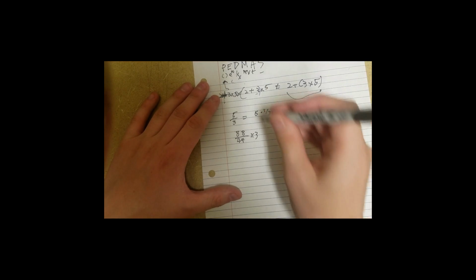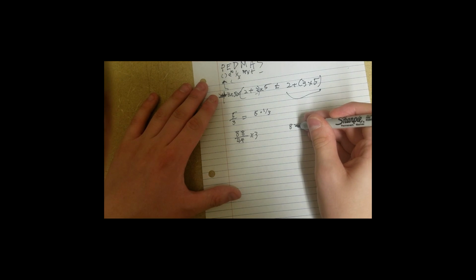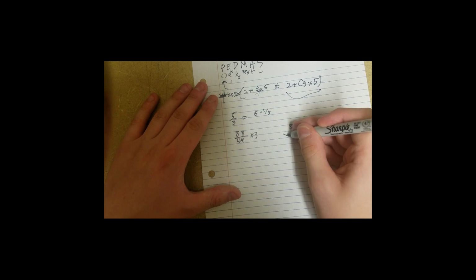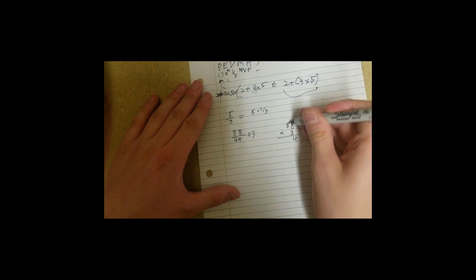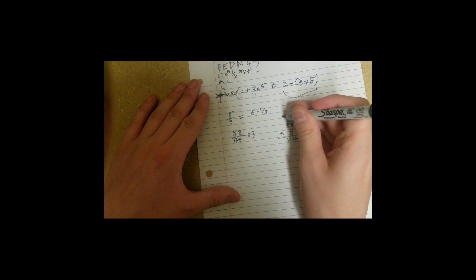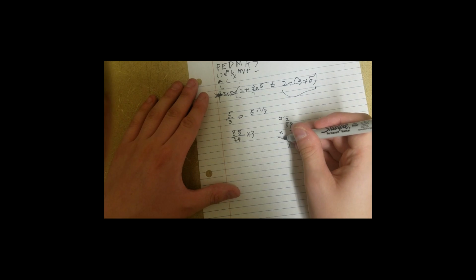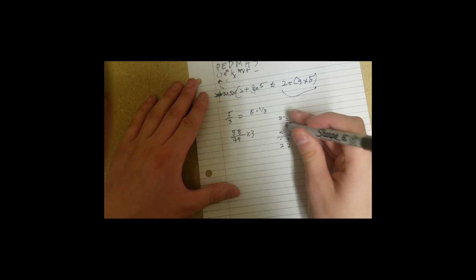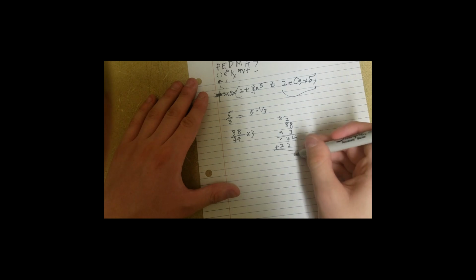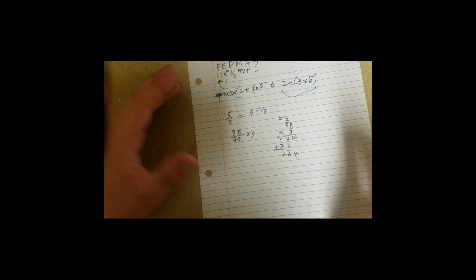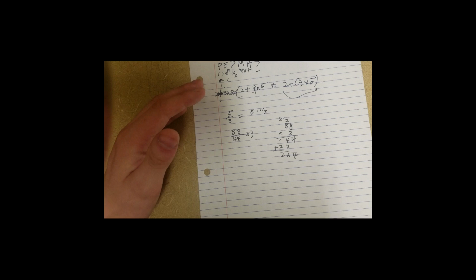If you're doing PEMDAS, the only logical thing you can do is 88 times 3: 4, carry the 2, it's 4 again, carry the 2 again, and it's 264, that's the answer. Doesn't really matter how.